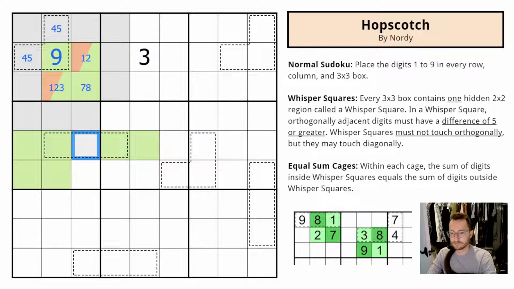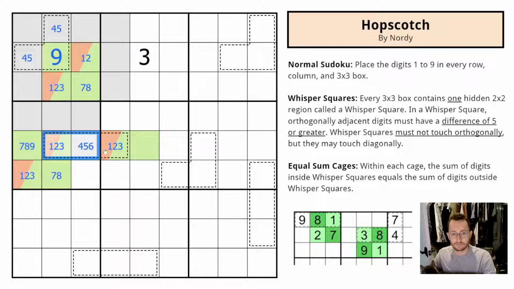And now, once this is a non-whisper square cell and we have to sum to it, the only way to get to a number here, 4, 5, or 6, is to use 2 low digits. So these are going to be 1, 2, and 3. We'll get our checkerboard pattern here for this whisper square.